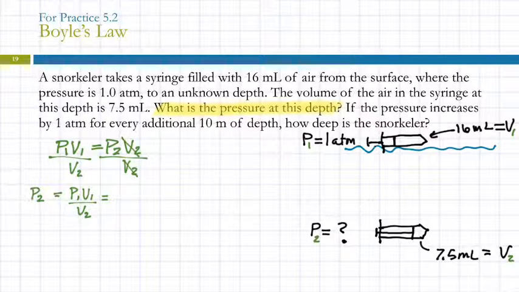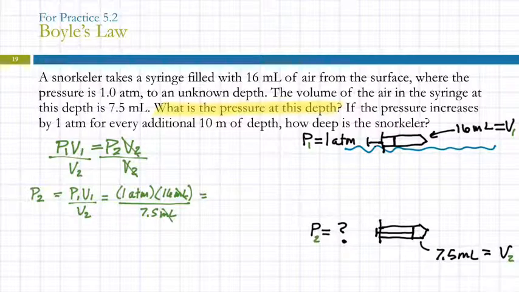So I want to put in pressure 1, it's 1 atmosphere, times volume 1, 16 milliliters, divided by volume 2, 7.5 milliliters. And if I look at the units, I see that the milliliters cancel out, and I'm left with atmospheres.